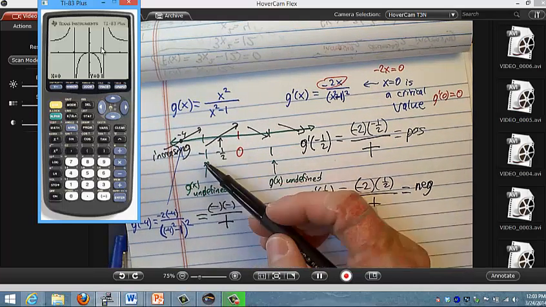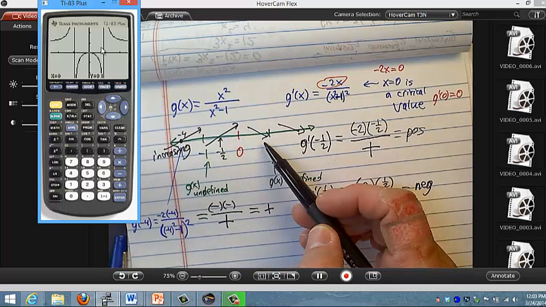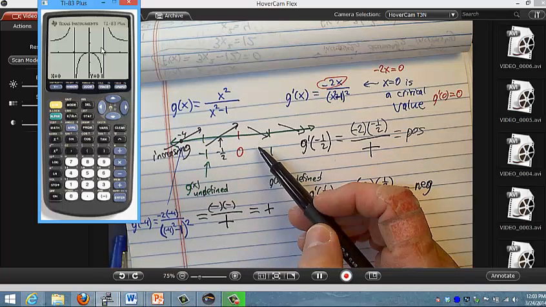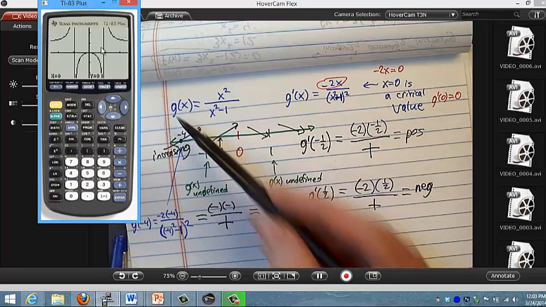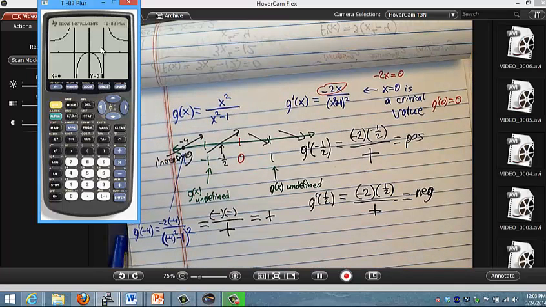Because it increases up to 0 and decreases down from 0. Now, as I look at that picture, there's definitely points that are higher than 0, 0. But as far as when you're near x equals 0, it's the biggest thing around. It's a relative maximum. Okay? And we're going to talk more about that on Wednesday, actually, when we get into some of those ideas a little bit more.